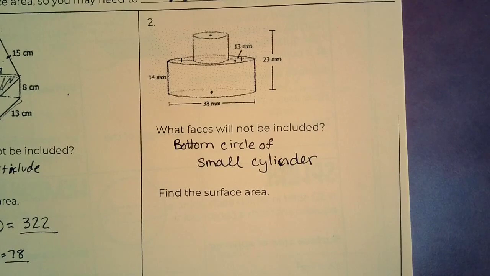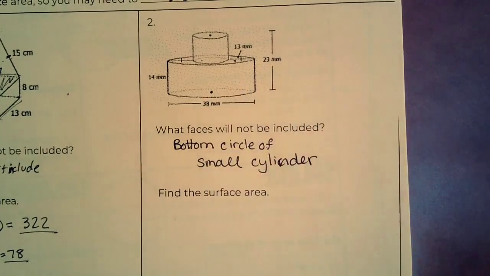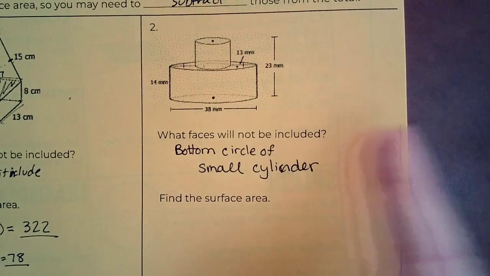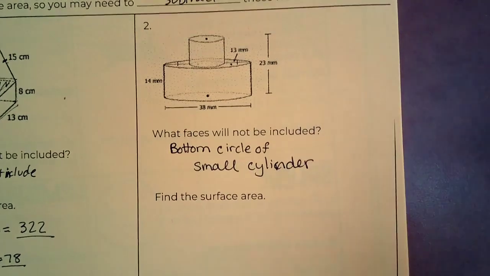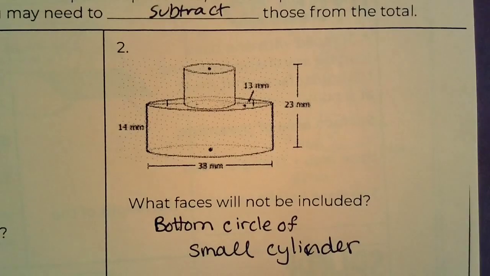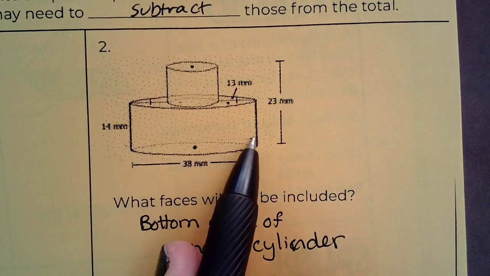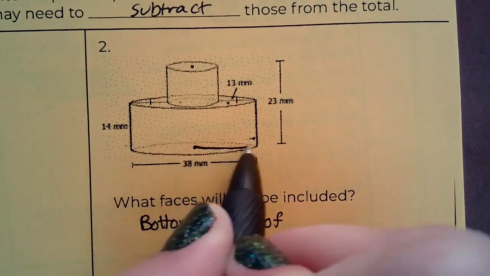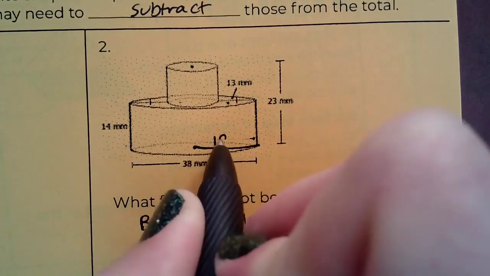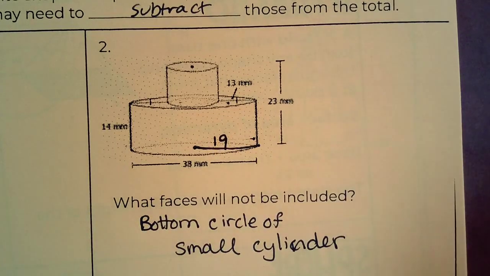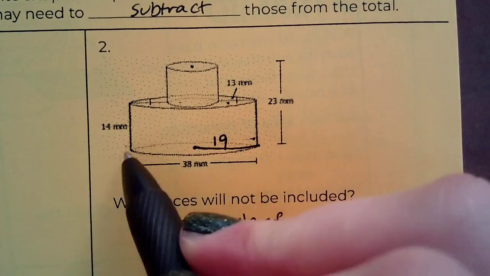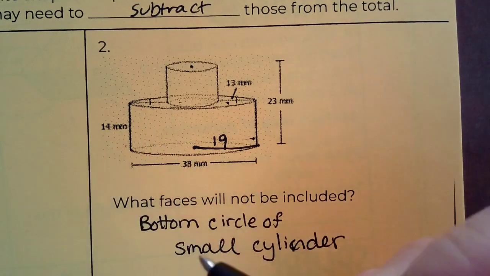So let's begin. In order to find the surface area of a cylinder, I need the height and I need the radius. Do I have those? If I look at my large cylinder, I know the whole thing is 38. That means the radius is half of 38, 19. And I know the height of my big cylinder is 14.